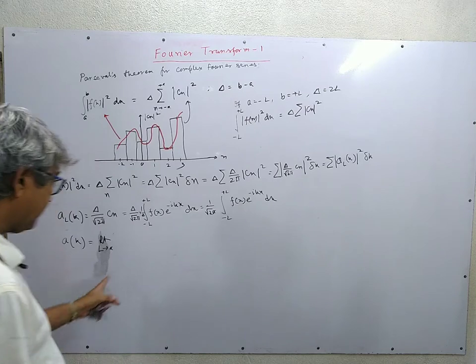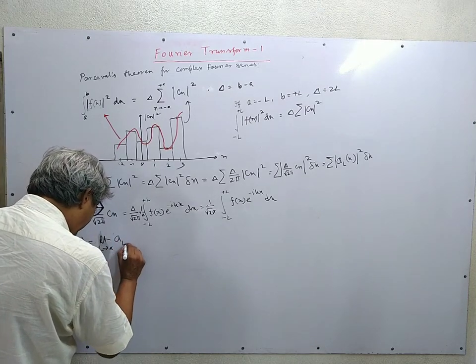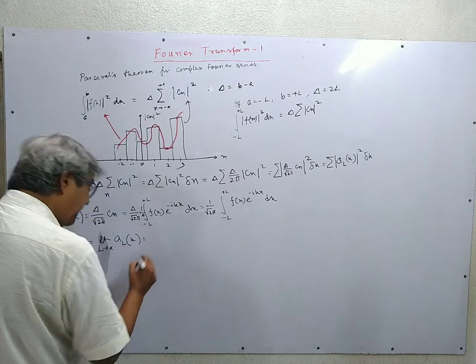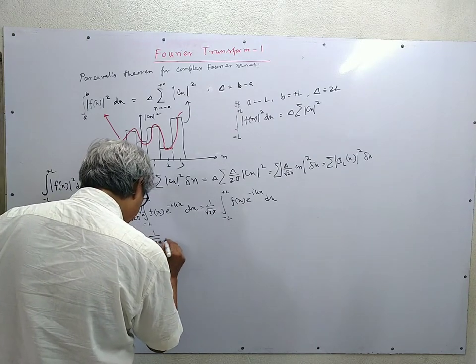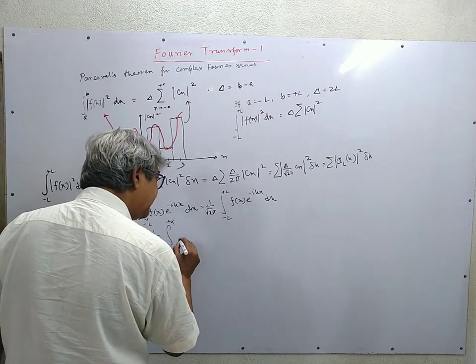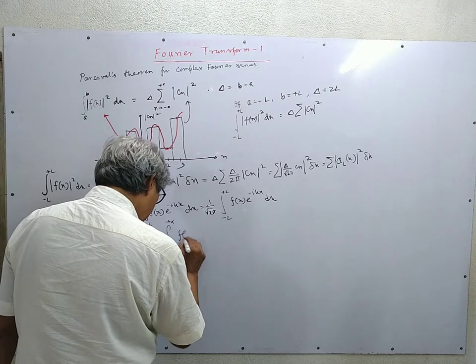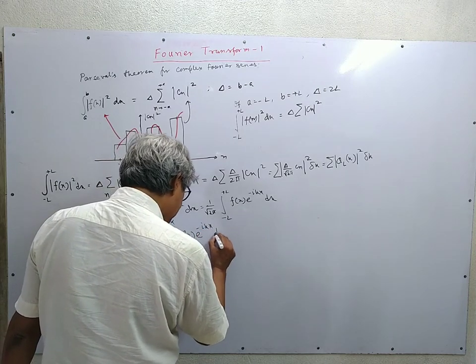So when L tends to infinity, AL of K is simply 1 upon root 2 pi integration from minus infinity to plus infinity f of x e to the power minus I k x dx.